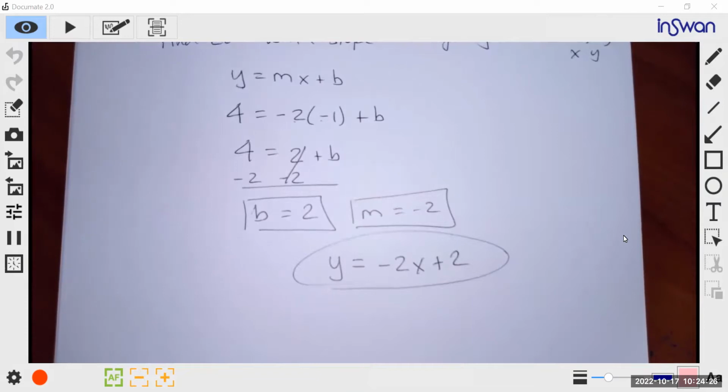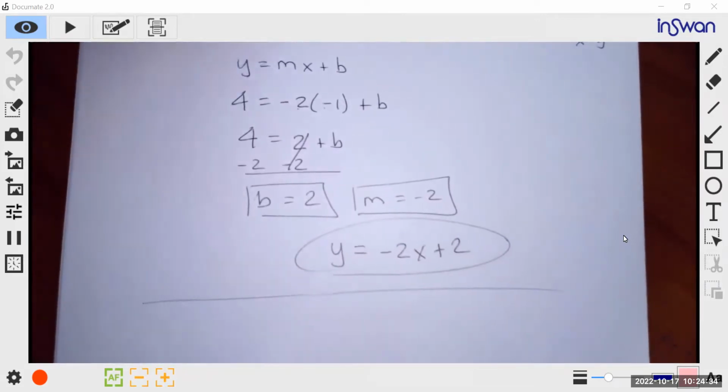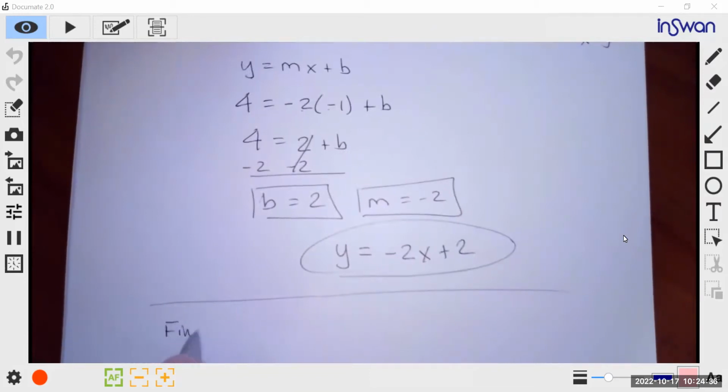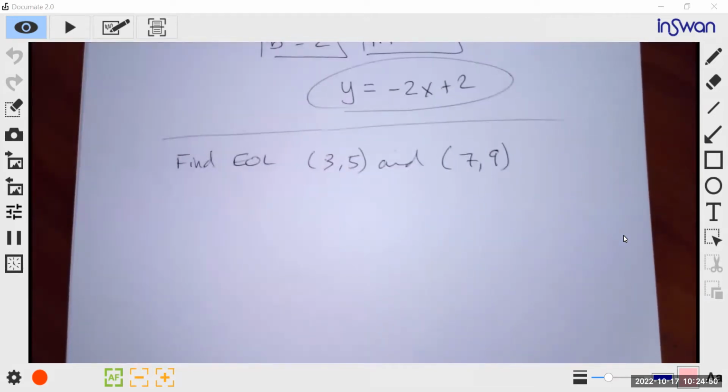If I gave you 2 points, what would you do first? Find the equation of the line going through those 2 points.